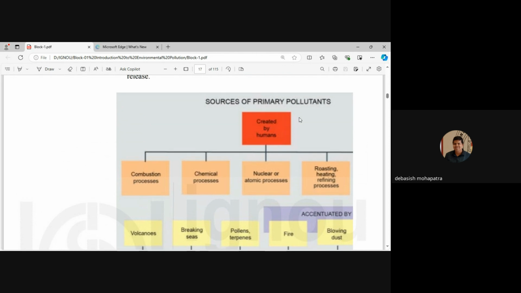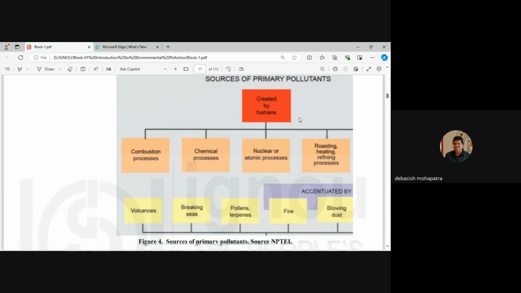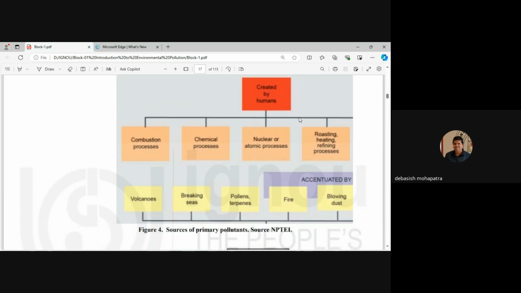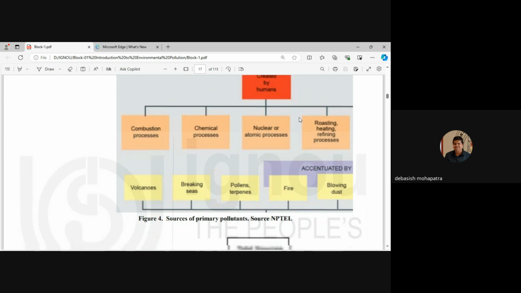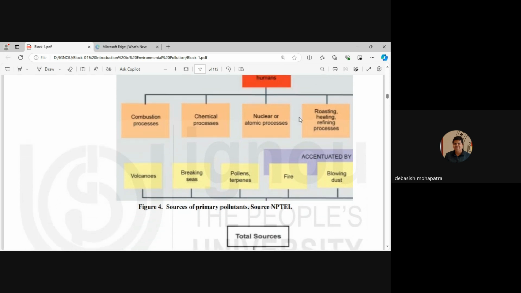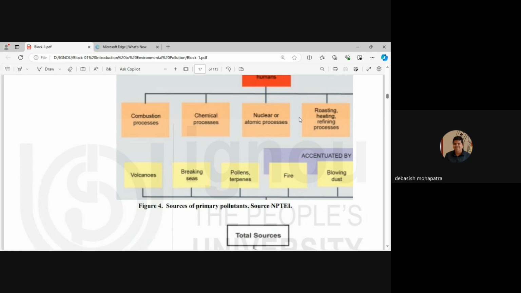So here they have given sources of primary pollutants. Okay, combustion processes, chemical processes, nuclear processes, volcano, breaking of seas, pollen, fire, all these.